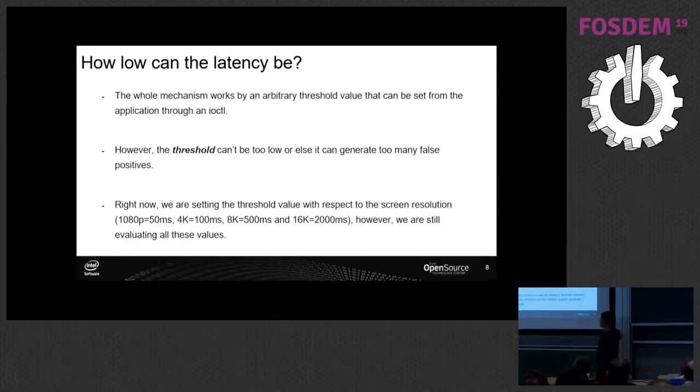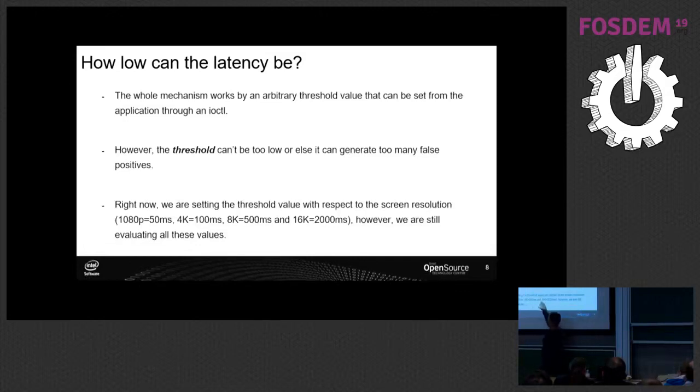As a guideline, these are the values that we are using right now. For a 1080p screen, we're using 50 milliseconds. For 4K, 100 milliseconds, 8K, 500, and 16K, 2000 milliseconds. Of course, this is just theory, right?